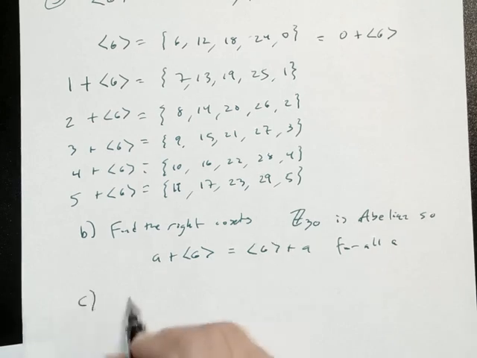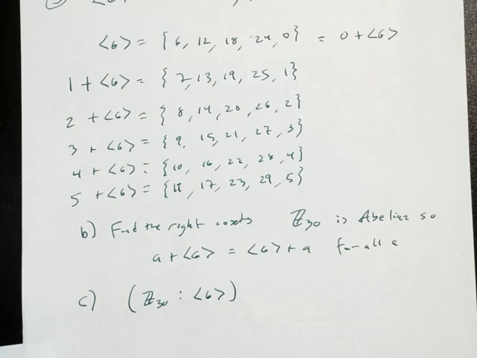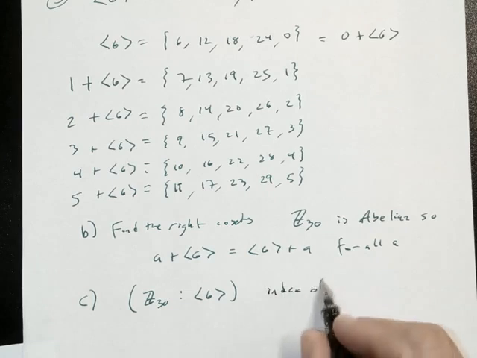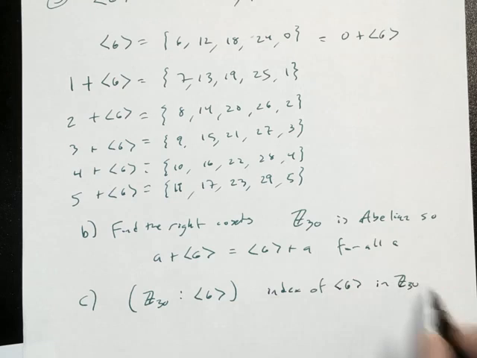C says find Z30 colon subgroup generated by 6. What does that mean? We're looking for the index, right? Okay, what's the index? This is the index of the subgroup generated by 6 in Z30.